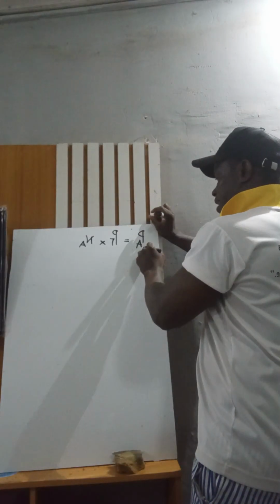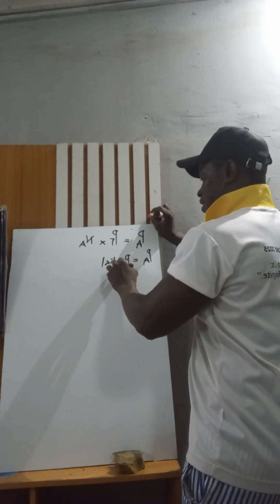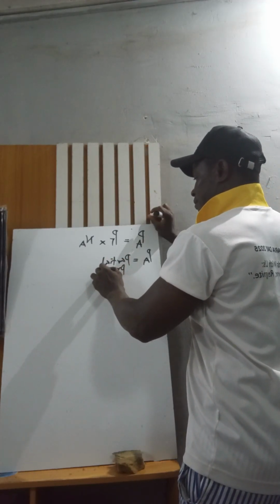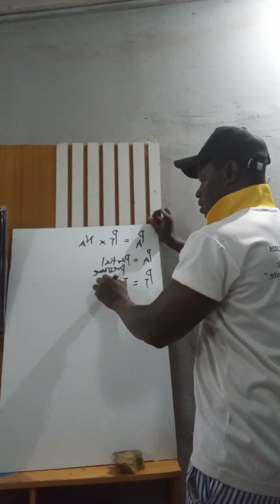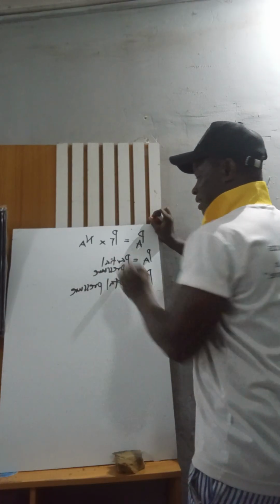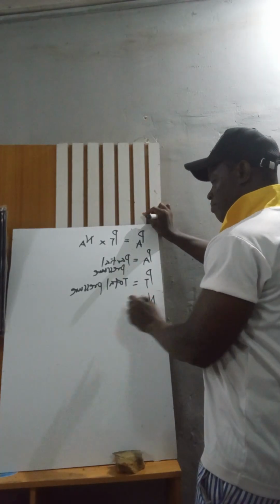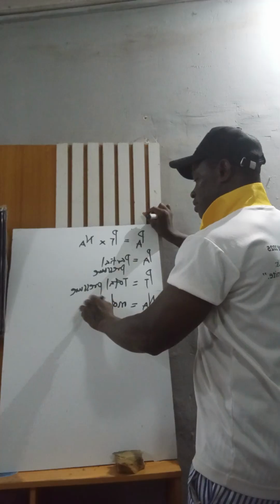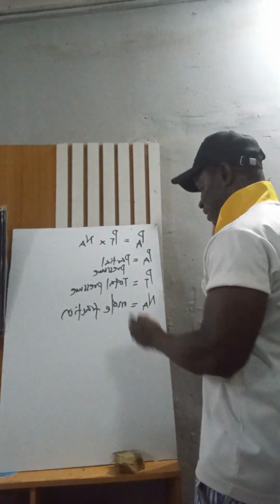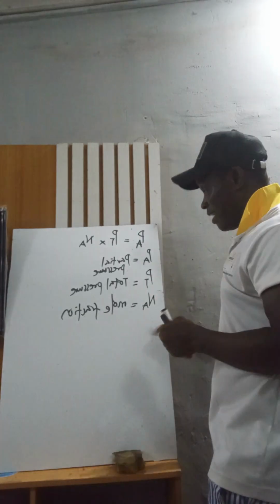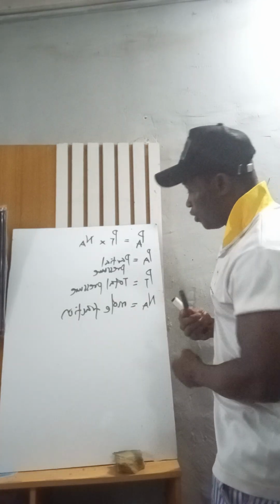So PA here represents the partial pressure of the gas. Then PT represents the total pressure of the gas mixture, while NA is the mole fraction. This is what has led us to this concept, the mole fraction of the gas. Since it's gas A I'm dealing with, that's the mole fraction of gas A. Very simple.